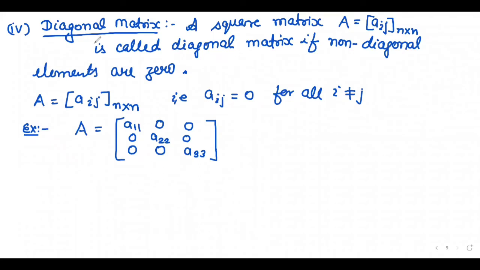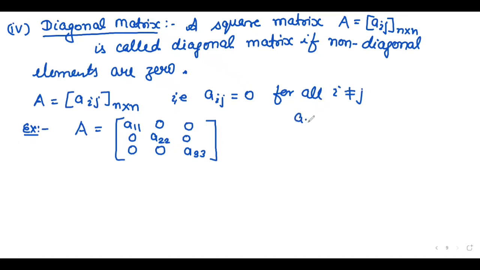Now the next type is the diagonal matrix. A square matrix A = [Aij] n by n is called a diagonal matrix if the non-diagonal elements are 0, meaning except for the diagonal elements, the rest of the elements will be 0. So we can represent it as Aij = 0 for all i not equal to j.